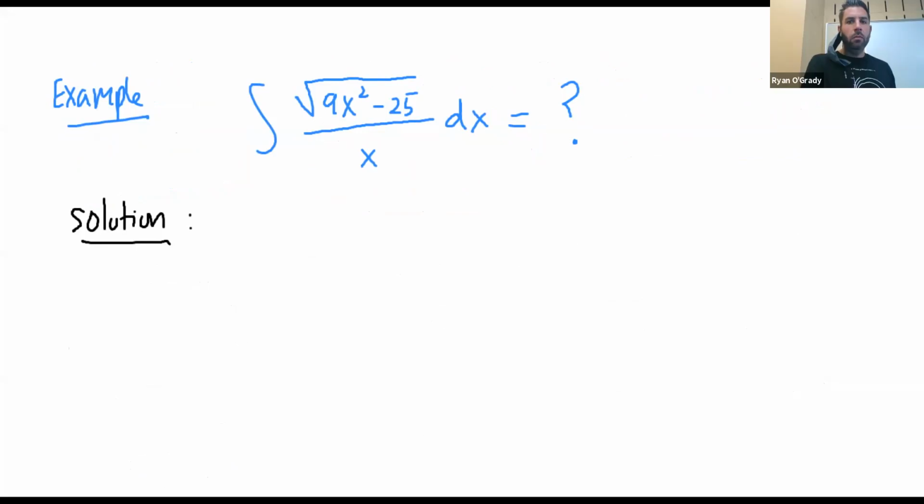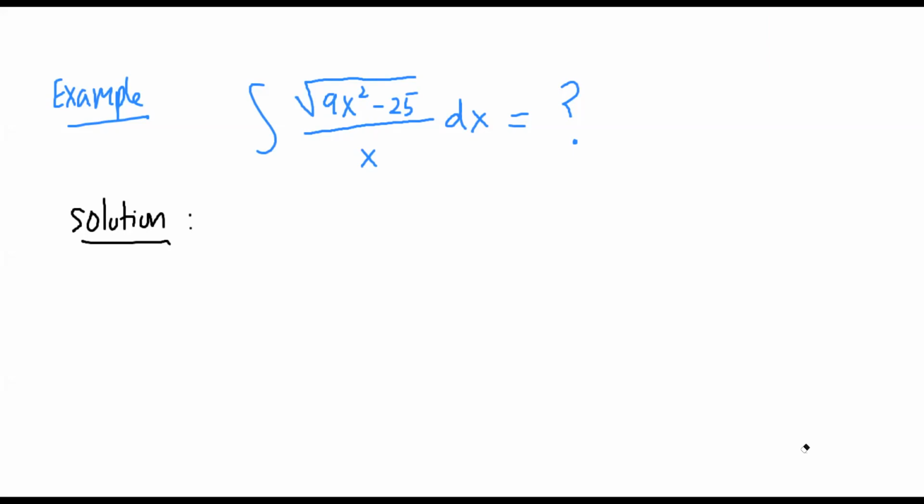So what is my mind thinking when I do this? In my mind, what I see is 9x squared minus 25. Now I have experience. So this tells me that I'm going to be using x equal to something times the secant. The question is, what times the secant?